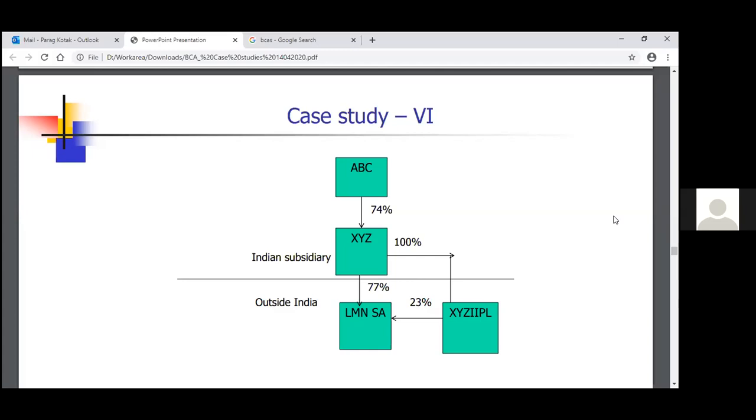The question arose as to LMNSA requiring a funding facility outside India. And XYZ was required to give a letter of comfort, and ABC was supposed to give a corporate guarantee.